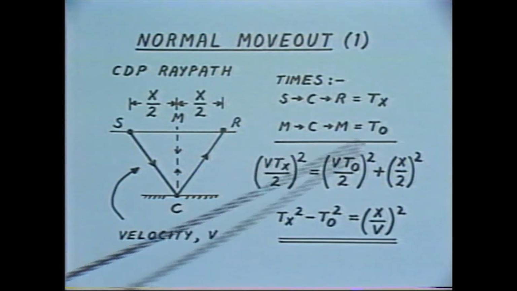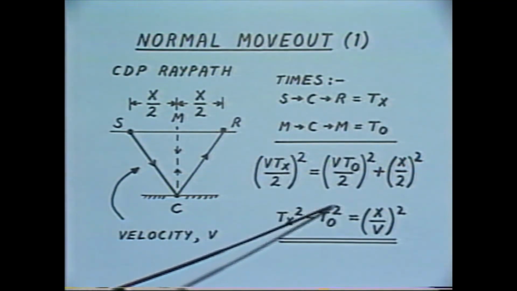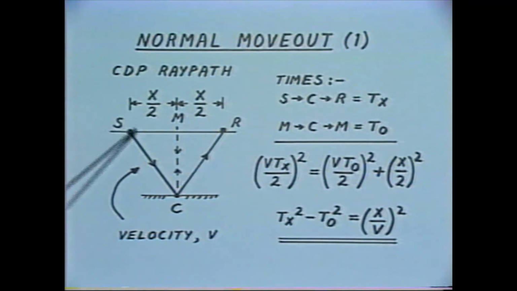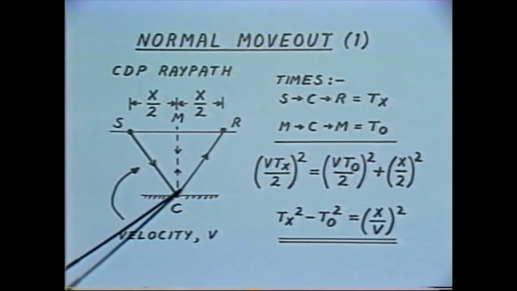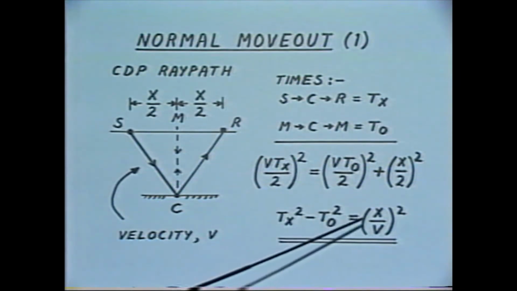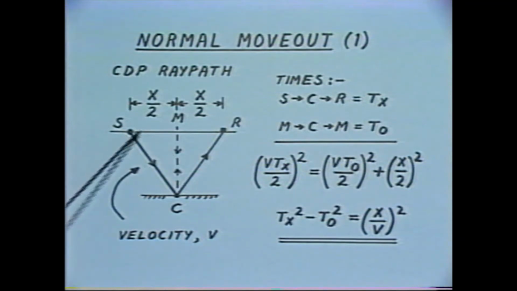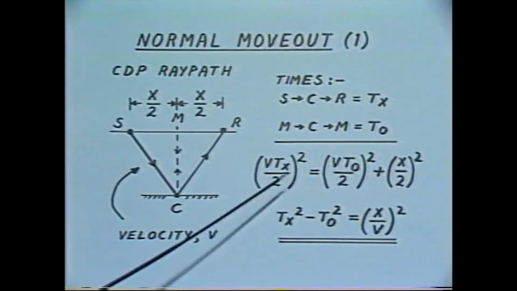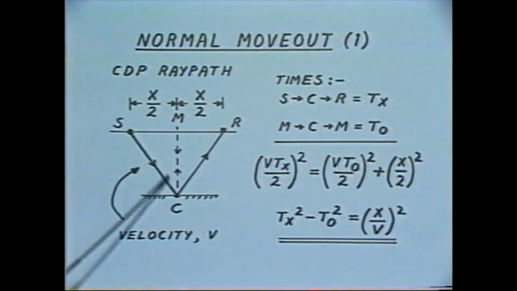Anyway, that leads to this equation, which simplifies down to this. It's an equation relating travel times for the real trace and for the imaginary trace to the distance between the source and receiver for this trace and the velocity with which the seismic energy travels to that reflector and back.